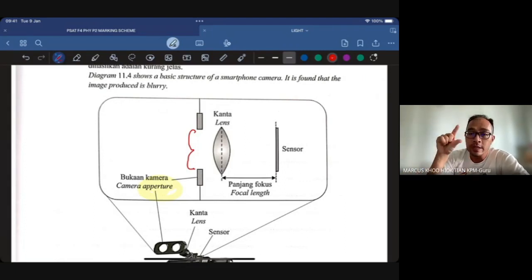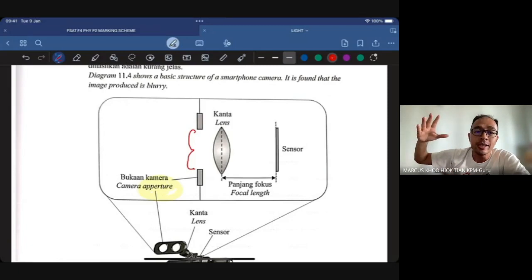If you have a smaller aperture, then less light can enter. Generally, photographers, please correct me if I'm wrong, if you have a smaller aperture, you have the bokeh effect, where only the thing in front of you is in focus, everything else is out of focus. If you have a bigger aperture, then you can have more things in focus. More light can enter.